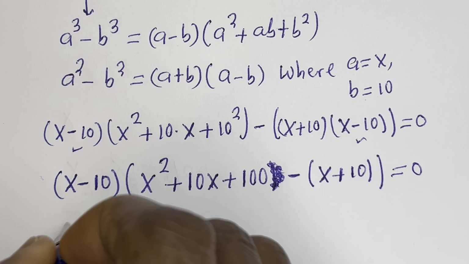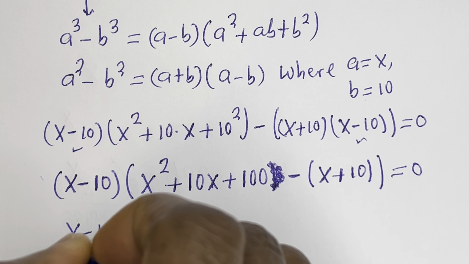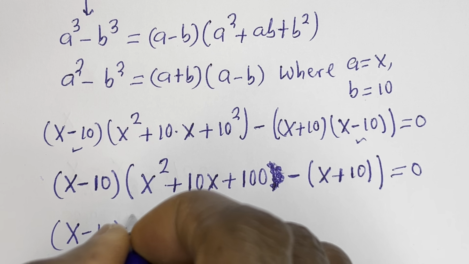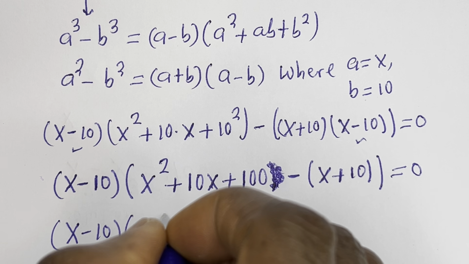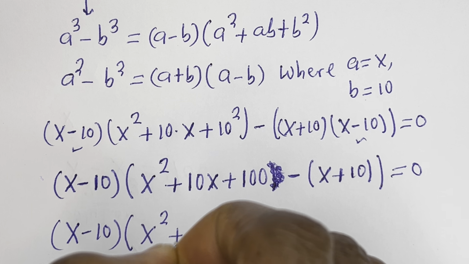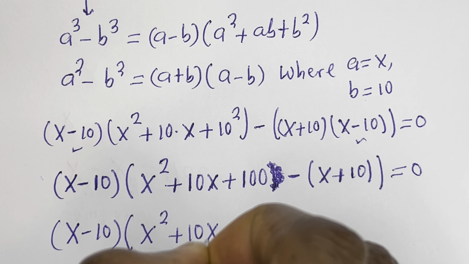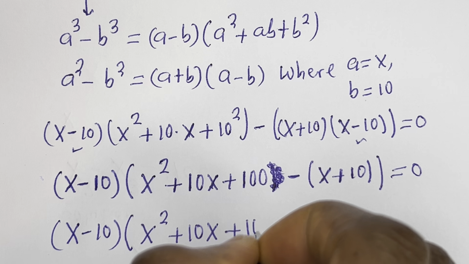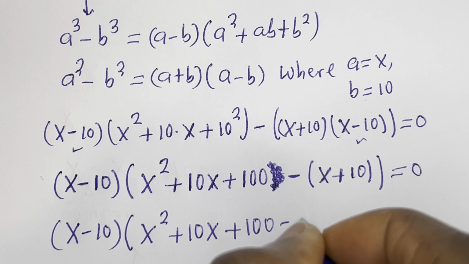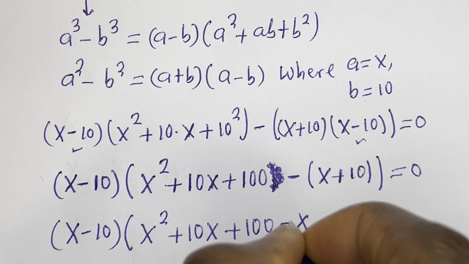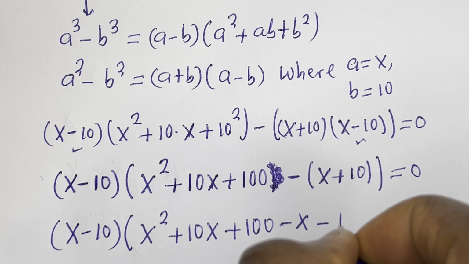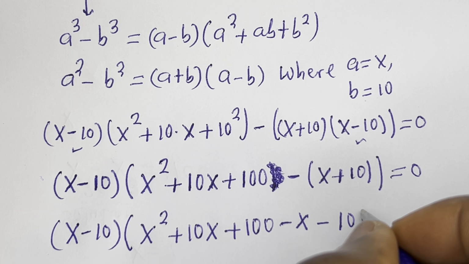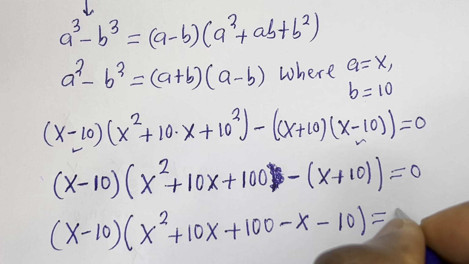Then this is s minus 10 bracket s squared plus 10s plus 100 minus s minus 10 is equal to 0.